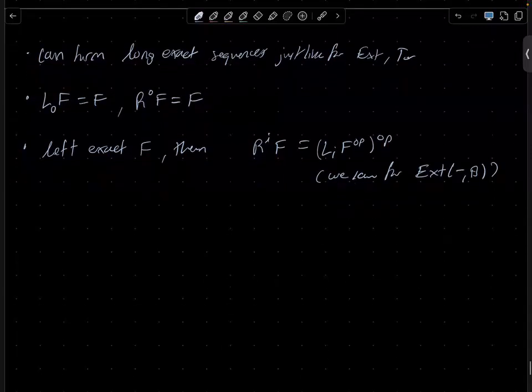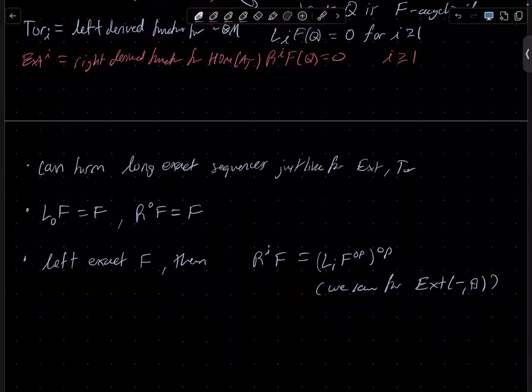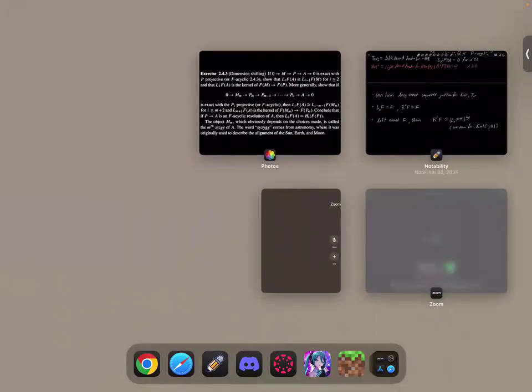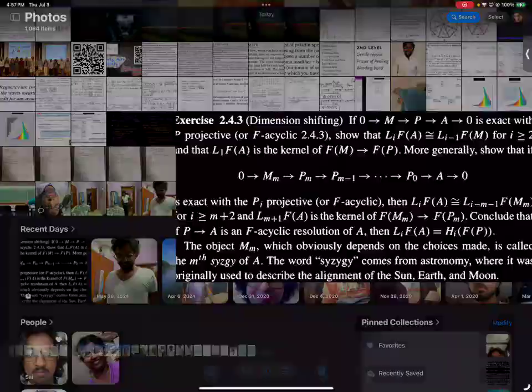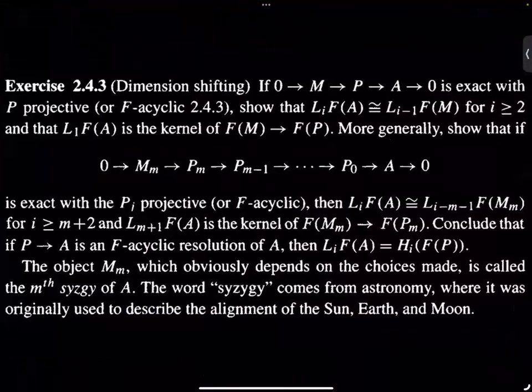Okay, so I'll just end today with an exercise that I'm not going to prove, but I want you to look at this exercise and attempt it. It's a good exercise. You need to prove something like this in order to show that you can actually use F-acyclic resolutions instead of just projective or injective resolutions. It's called dimension shifting.